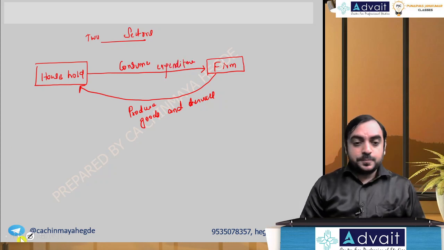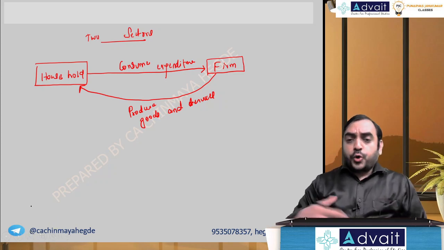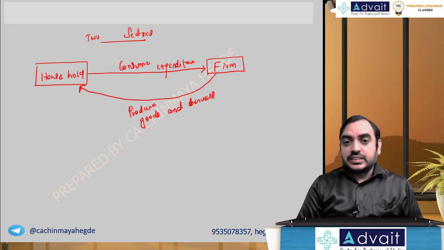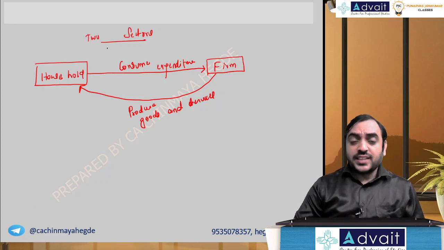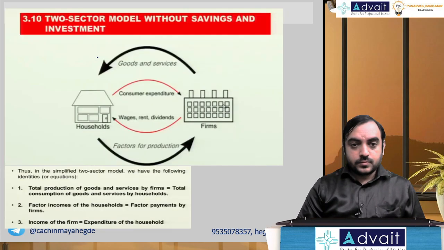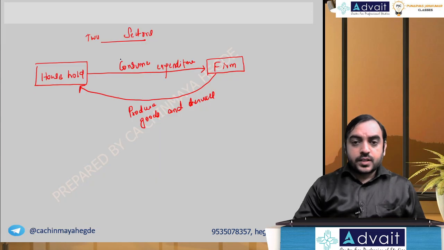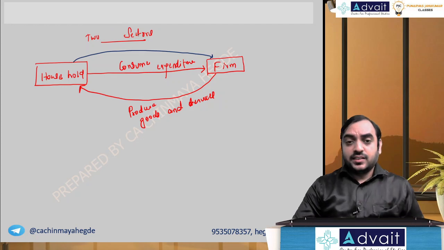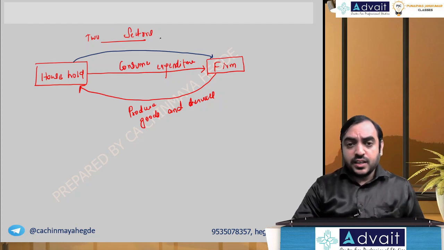Now, similarly, to produce goods, firm requires certain facilities, certain services, which we call factors of production. So firm requires certain factors of production, like people have to come and work. The firm has to purchase some materials. We call them land, labor, capital, that is factors of production.